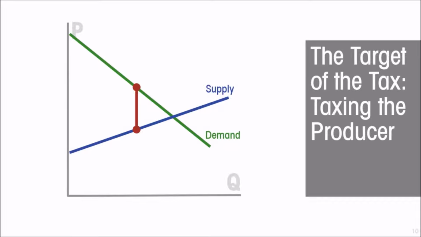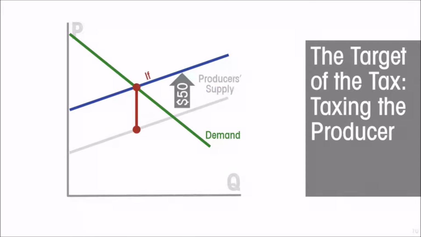For every bottle produced and shipped off by the producer, he has to remit $50 to the government. This has the effect of raising the cost of production by $50. So we shift the supply curve upwards by exactly $50.